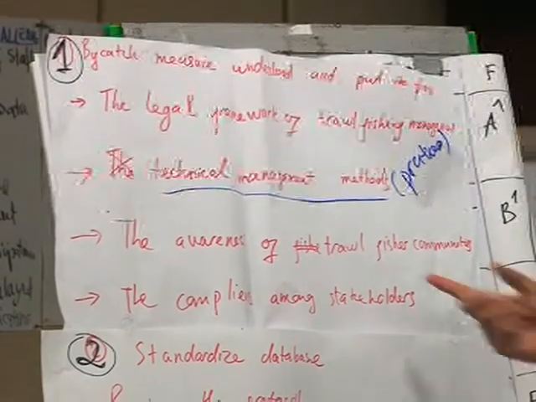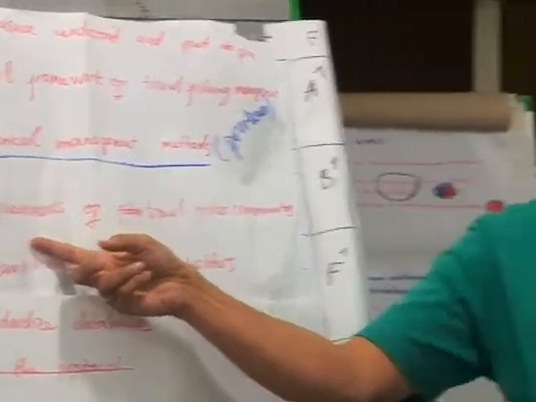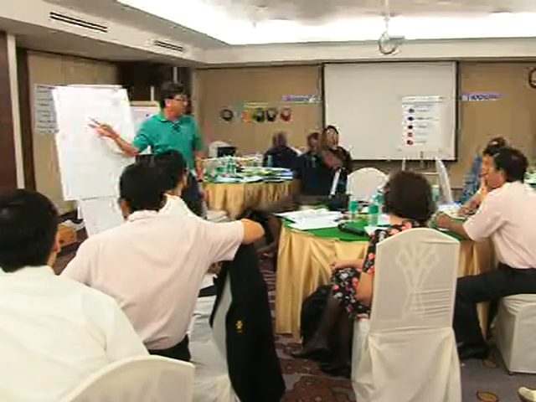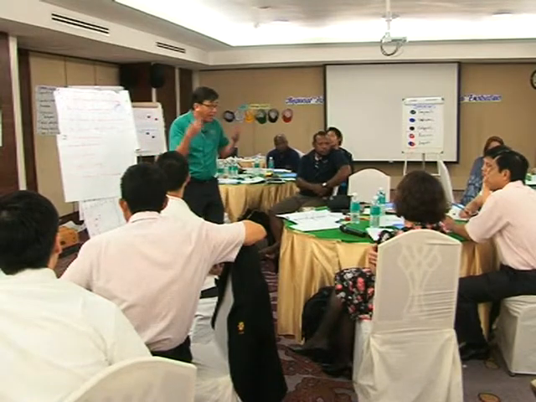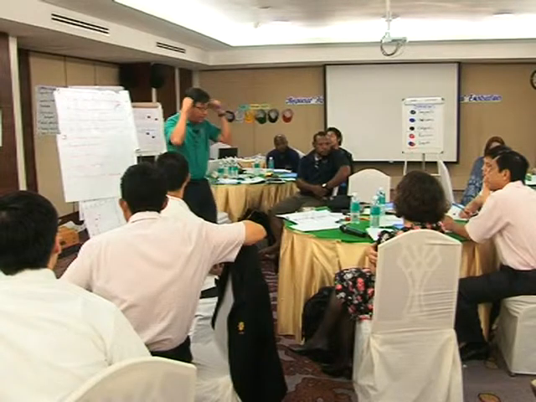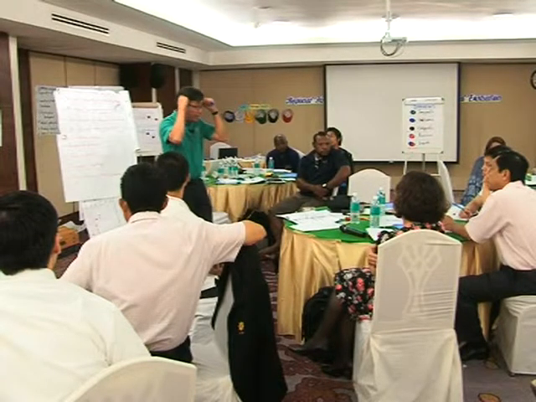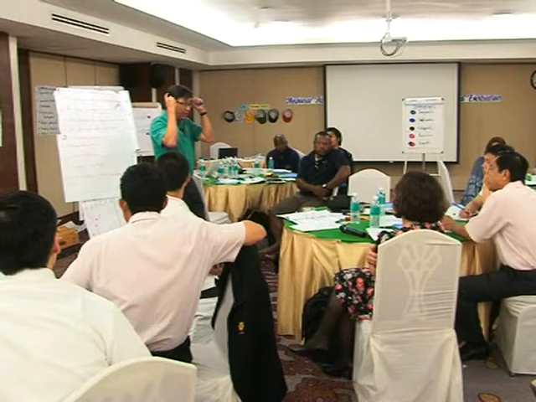Awareness of the trawl fishery community. Input. Yes, input. Because they are aware, that's why they apply. You think so? If they are not aware, if the attitude doesn't change, they will not change the practice. So they have to change the attitude first. So if once the attitude changes, which is the input of the process, then it produces this one. So it's a part of the input.